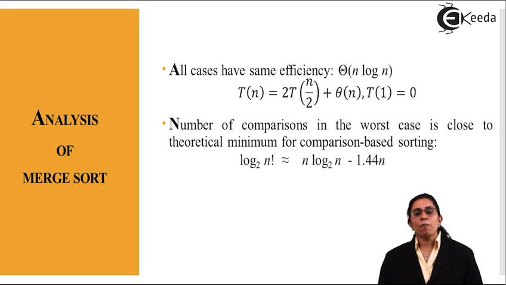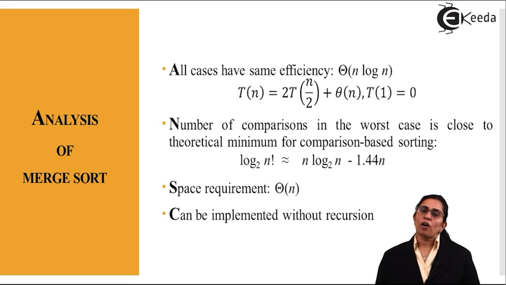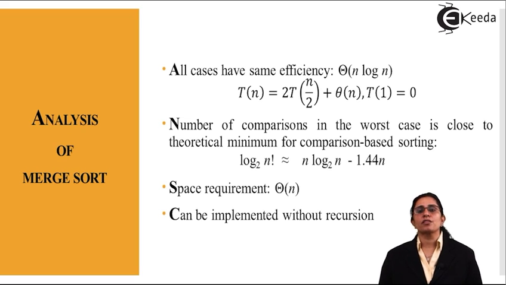and it can be implemented without recursion also. It is not necessary that I always implement merge sort with recursion. Without recursion, we can just split the array into 2 and not keep on splitting till it reaches a single element of the array.